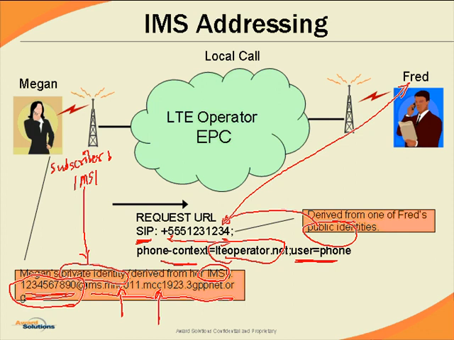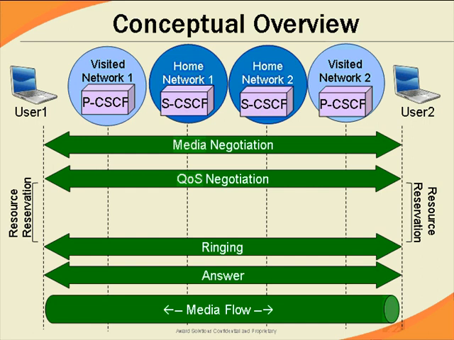So we create some private identity like that based on IMSI. But when we send a message to contact the other party, we do not put the private identity for that user. We identify the user by some public identity. So some kind of phone number will be present. Now, here are the main steps of supporting a voice over IP call.